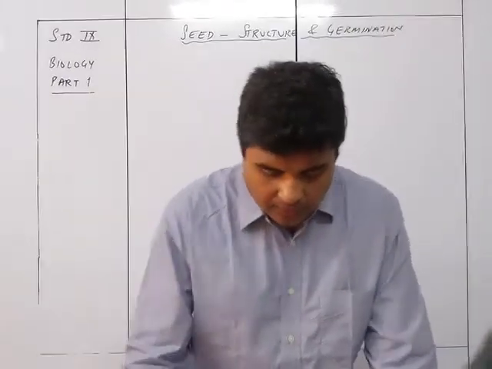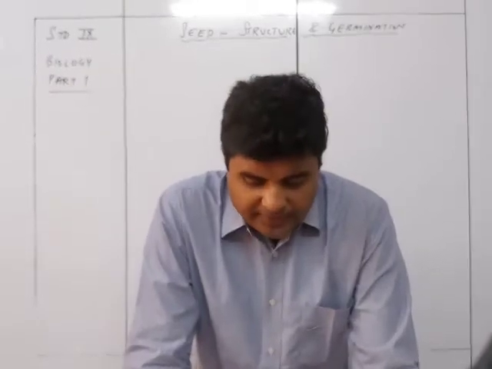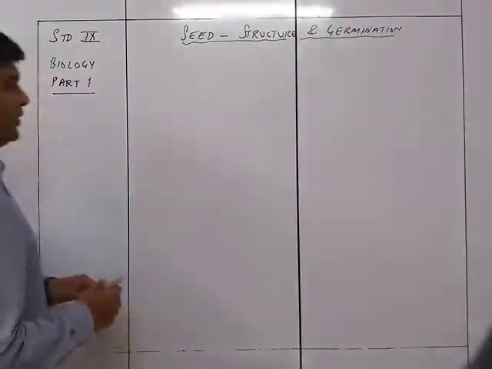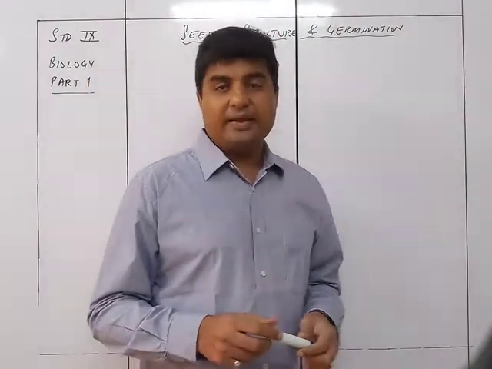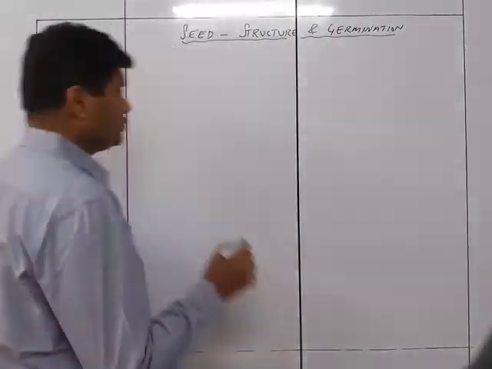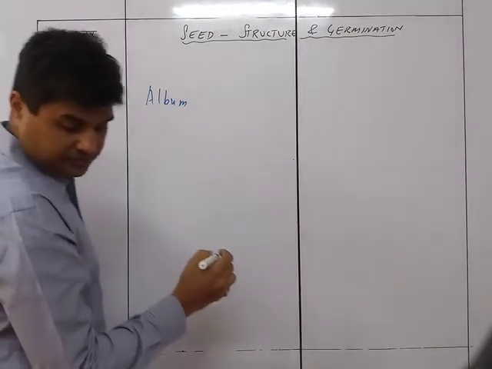So if it has got food, that is, it has got endosperm, it is called albuminous. Okay, it is an albuminous kind of seed which is having endosperm.